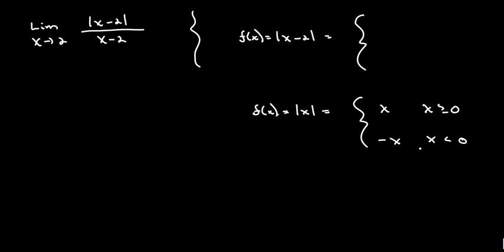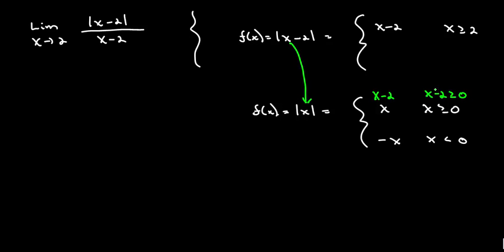So we've already discussed this. Let's apply it to here. It'll be x minus 2 when x is greater than or equal to 2. Think about how I got these values. If these were the same, then this would have been x minus 2, and x minus 2 is greater than or equal to 0.